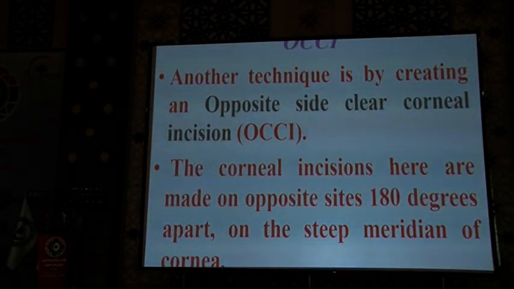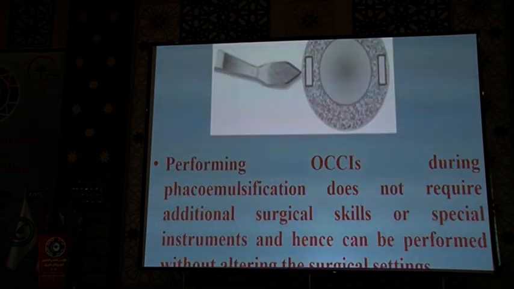The other method is to do an opposite clear corneal incision, which is 180 degrees to the first or phaco incision, and it is 1.5 millimeter from the limbus.